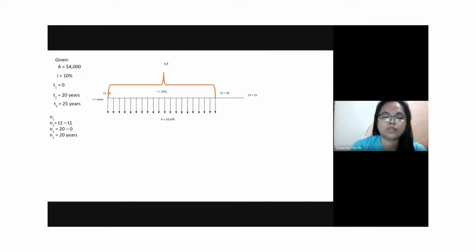So N1 is equal to 20 years, or subtracting T1 from T2, 20 minus 0, N1 is equal to 20 years. And we have N2 is equal to T3 minus T2, or 25 minus 20, N2 is equal to 5 years. So we will identify the future worth of Finn's investment at the age of 65 years old, or T3 is equal to 25 years.